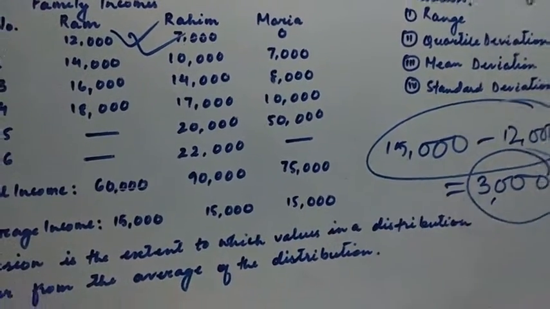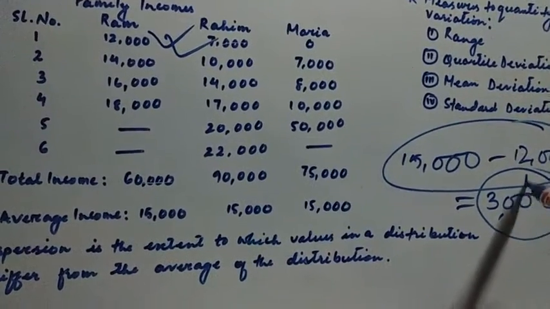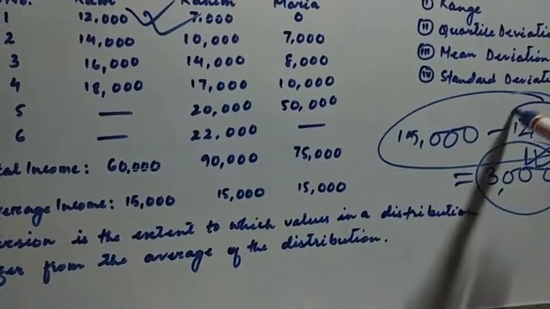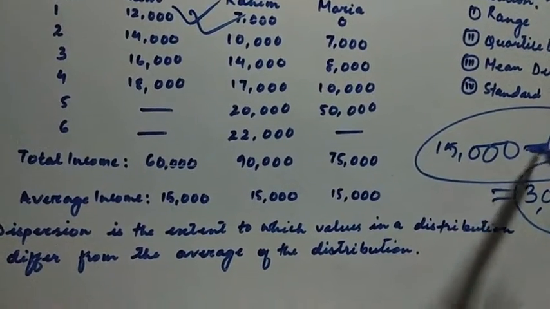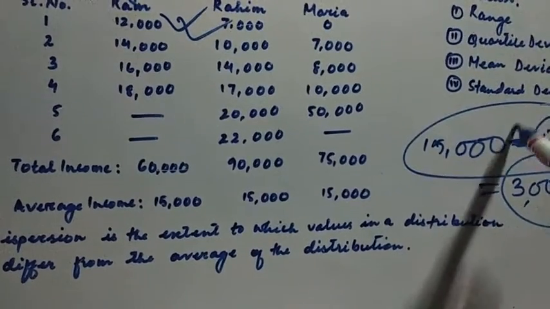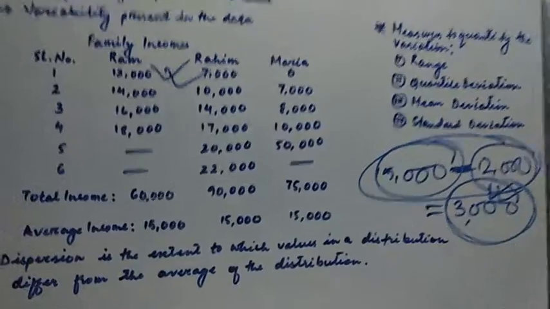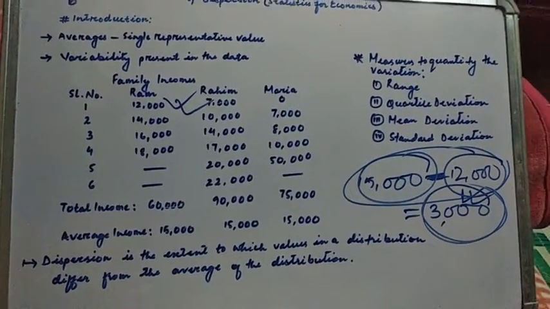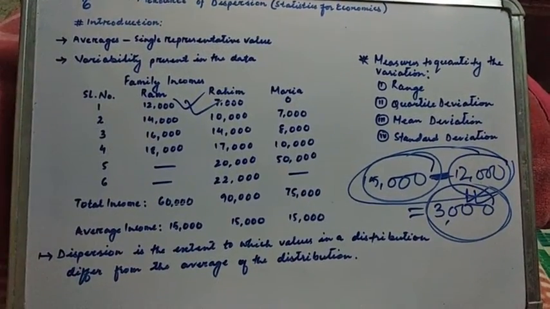So this is actually the dispersion. Dispersion is the extent to which the values, 12,000, in the distribution differ from the average of the distribution. So 3,000 here is the dispersion.